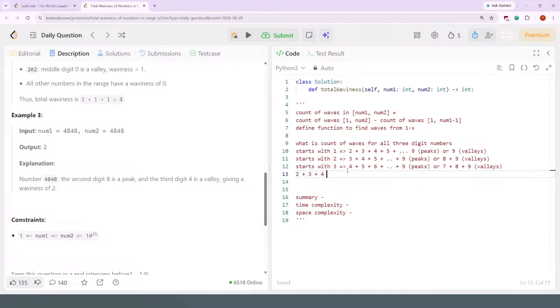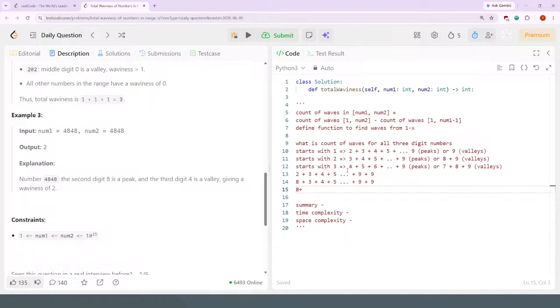2, 3, 4, 5, up to 9, and 9 here, then 3, 4, 5, up to 9, and 9 here, and then the 8 is replaced with the 7 next time.